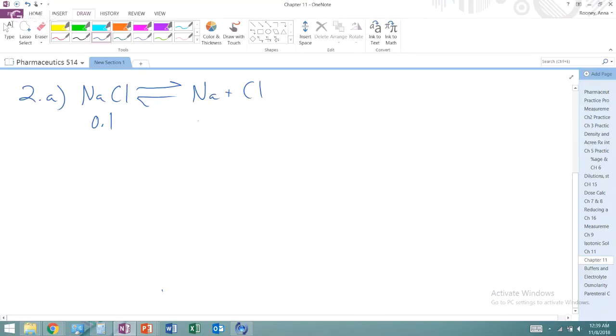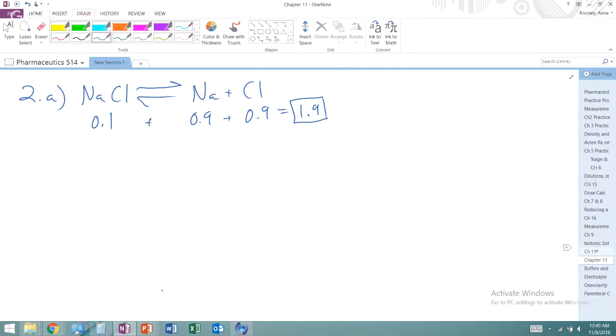So that's 1, this will be 0.9, this will be 0.9, because this is 90% dissociating, that is also 90%, but then there's still 10% that hasn't dissociated. You need to add all these together, so you find that is 1.9 dissociation. So that is your i value, I believe. That is your first number for A.